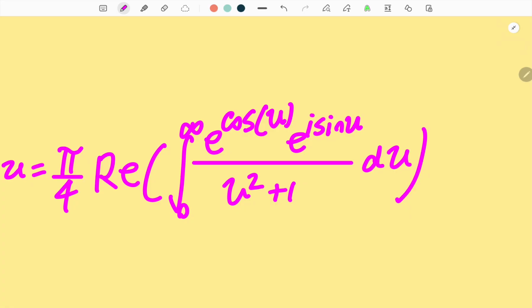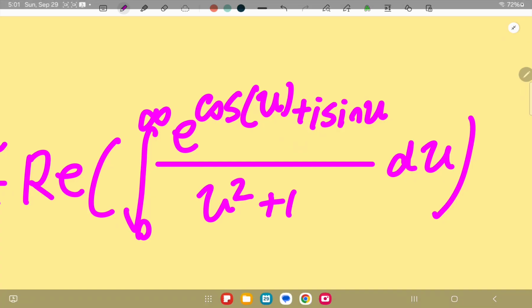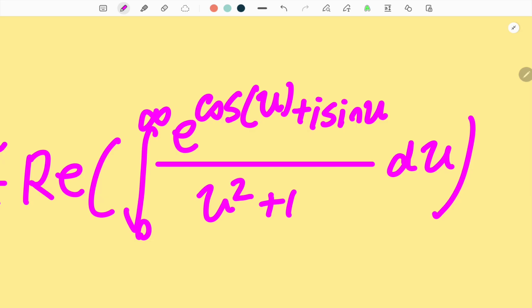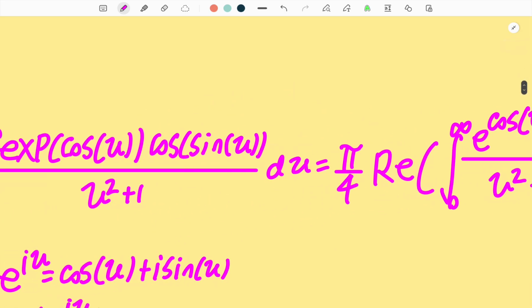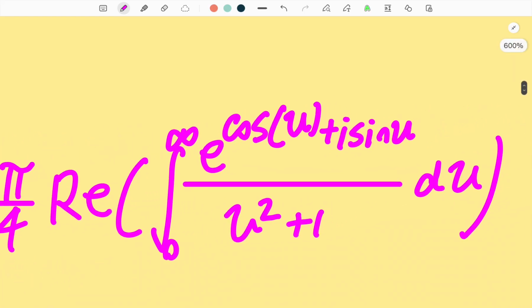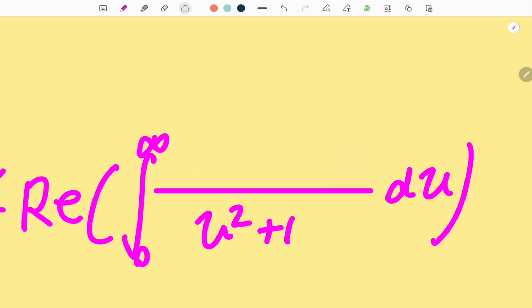Okay, now after using Euler's formula, we now have I equals this new looking integral. Now, the next thing I want to do is combine the exponents of e. There we go. And then if we recall Euler's formula, right down here, e to the iu is just our exponent in e. So now we're going to have a tower of e's. So it's going to be e to the e to the iu.